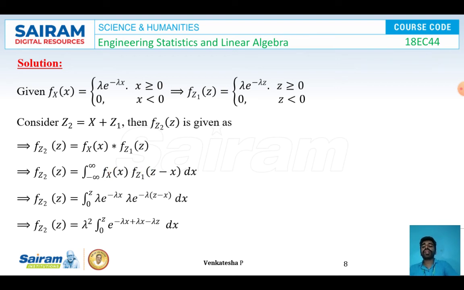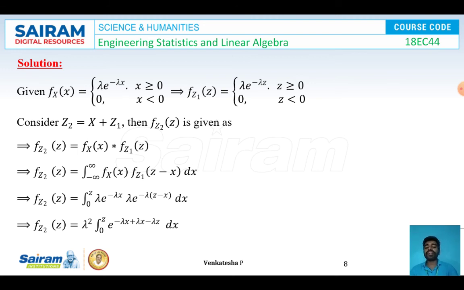Replacing this function as lambda e power minus lambda x and this function as lambda e power minus lambda (z minus x), I got the expression f_Z2(z) is equal to integration 0 to z of lambda e power minus lambda x times lambda e power minus lambda (z minus x) dx. Since the bases are same, I can add powers, and taking the lambda square constant outside, I got f_Z2(z) is equal to lambda square integration 0 to z of e power (minus lambda x plus lambda x minus lambda z) dx. So this lambda x gets cancelled, and I will be getting e power minus lambda z.